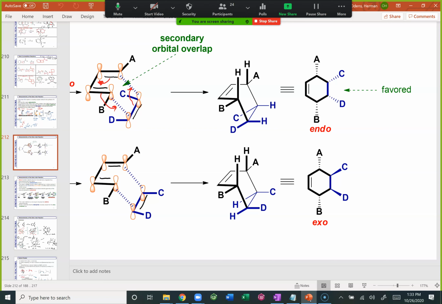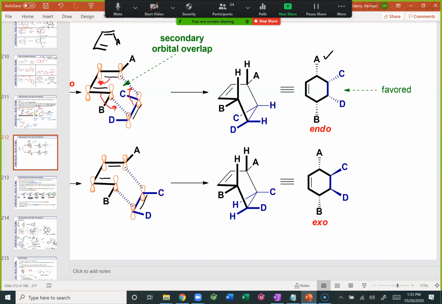If you have a group like A that is on that position, it most likely will be down. But what if I told you that you have A here on this side? Then A will be up, right? From the model.